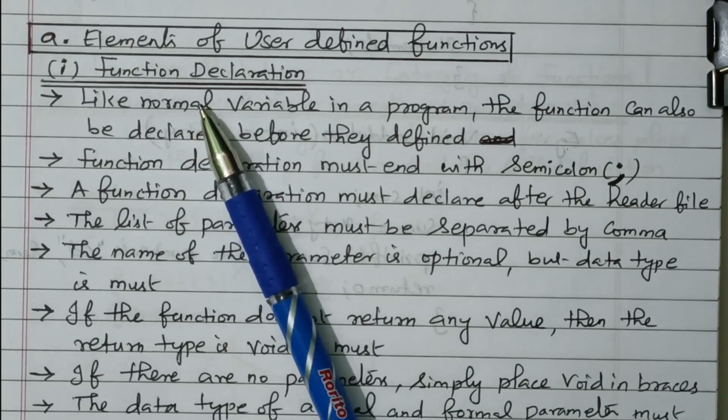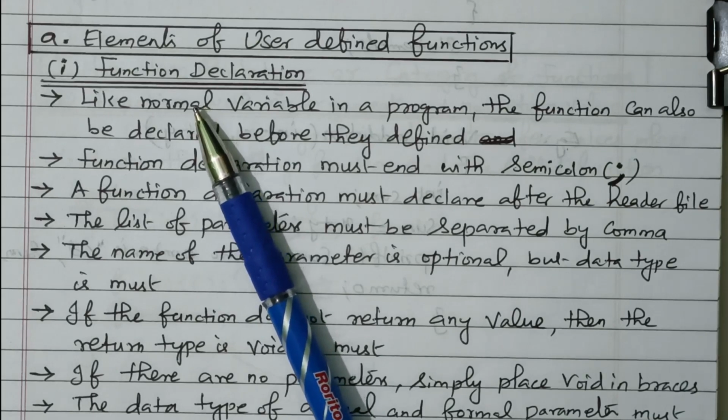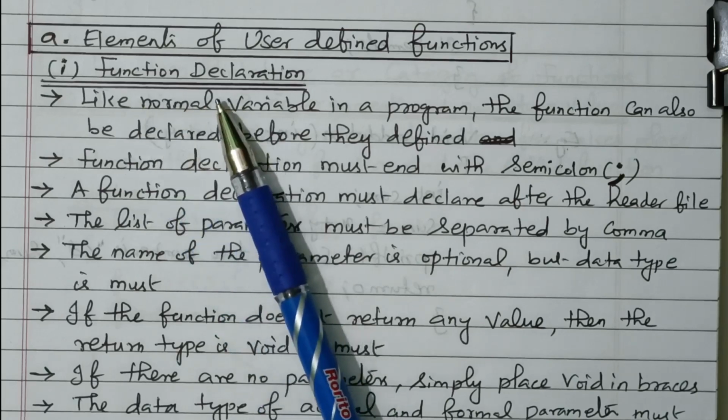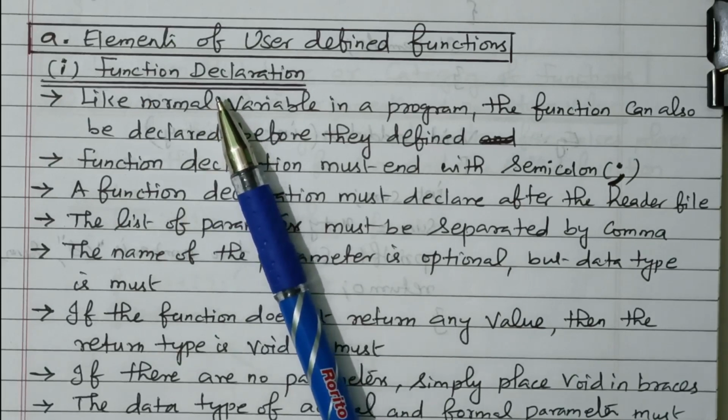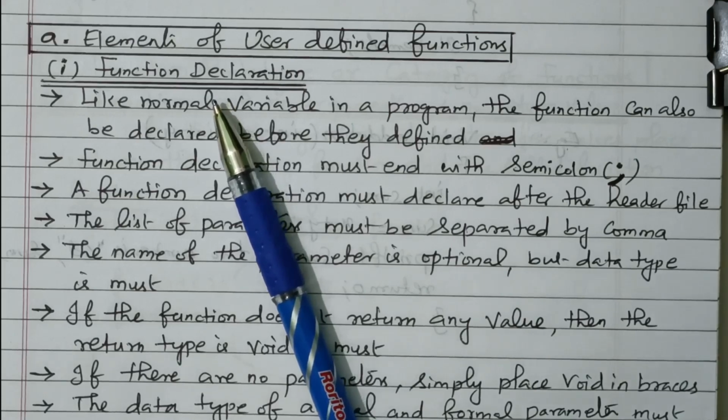What function we are going to use? What is the function name? What is the return type? And what parameters are we going to pass to the function? These details are available in the function declaration. It gives details about the function name, the data type returned by the function, and the data types we need to pass to the function. That is called a function declaration.